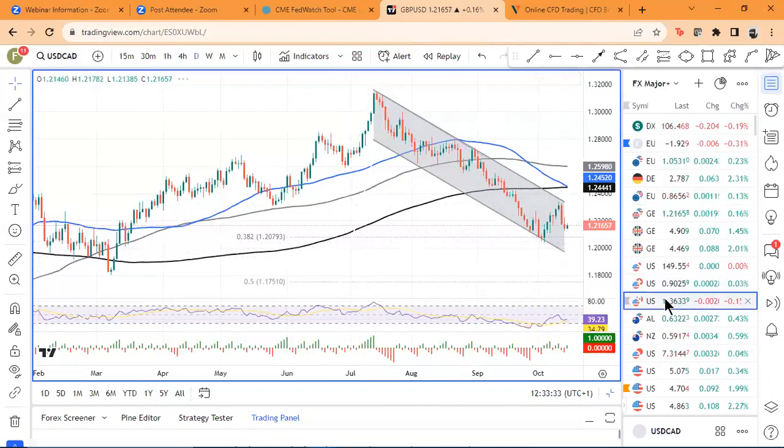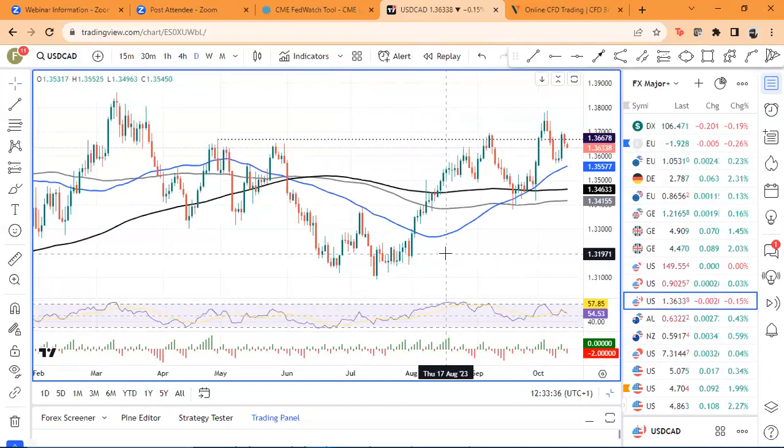Okay, we'll move on to dollar CAD now. We also get Canadian CPI numbers out tomorrow. Just remember at the September policy meeting, the Bank of Canada kept rates unchanged, but officials were concerned about ongoing and broad-based inflation pressures. And really some of the components were still rising well above pre-pandemic averages.